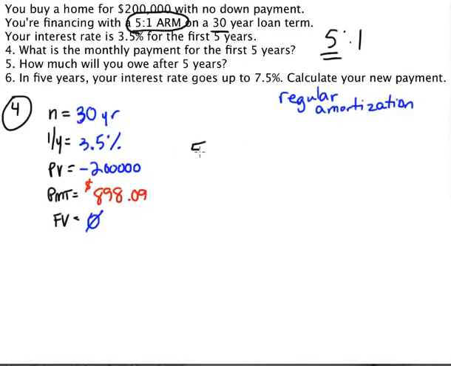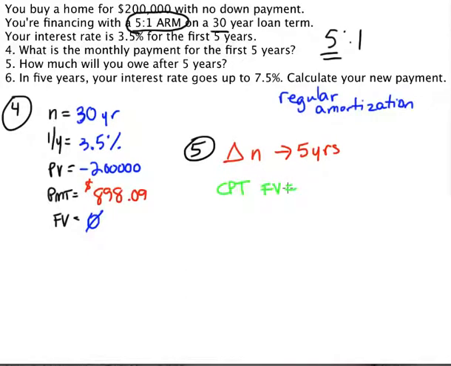Question number 5 asks us, what will we owe after 5 years? So now we're going to be finding a future value. But before we do that, right now N is 30 years, so we need to change N to 5 years. This symbol delta just means change. Now we're going to compute our future value.